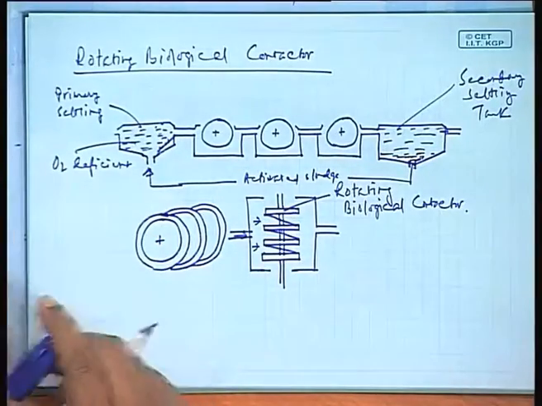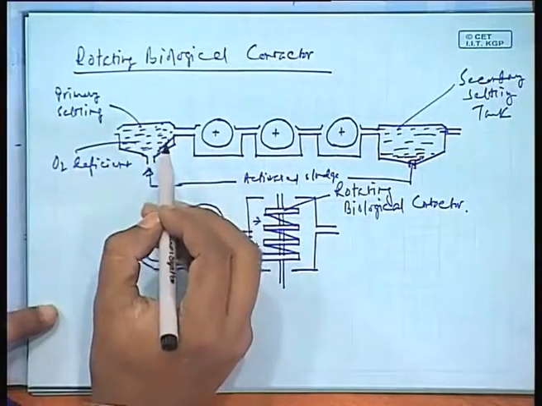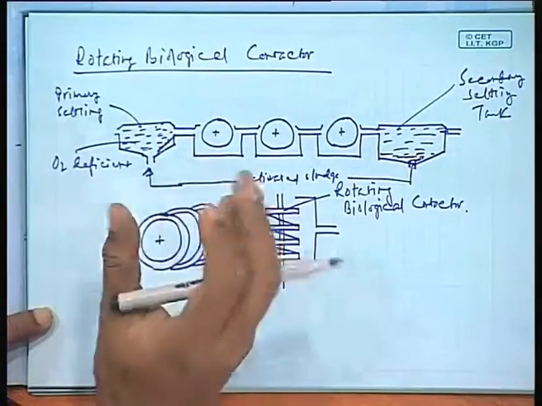The microbial activity in this water would be much less, because this is a fresh wastewater stream. Whereas here it is completely enriched with microbes. A large number of microbes are already present.